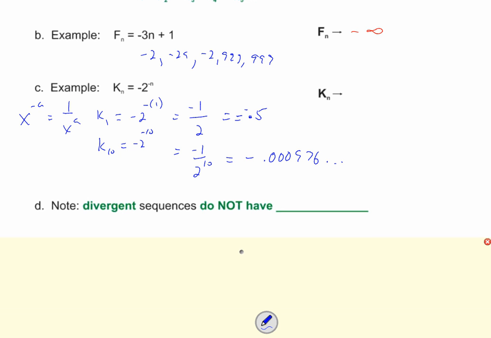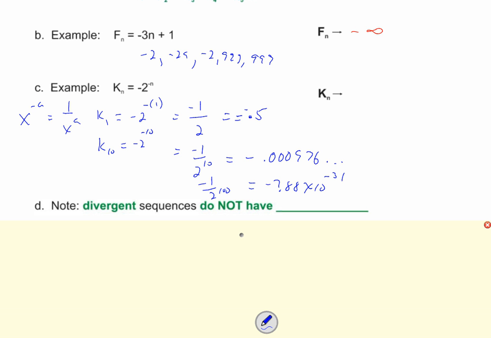Okay, let me do one more. -1 over 2 to the 100th. Okay, it is -7.88 times 10 to the -31st. There are 30 zeros in front of that number.